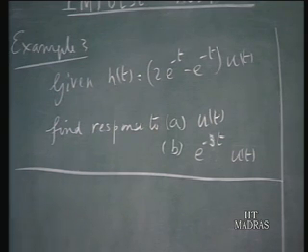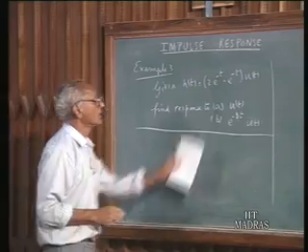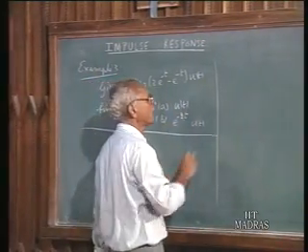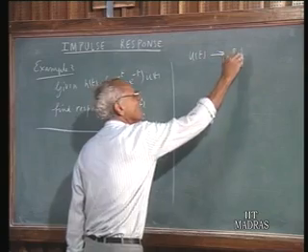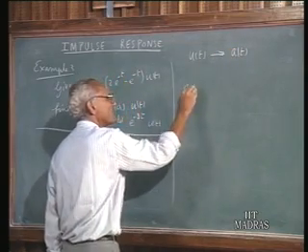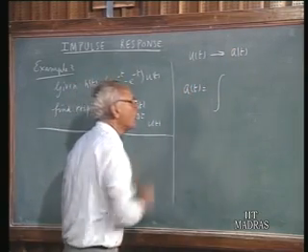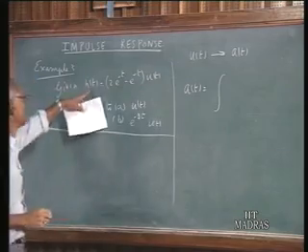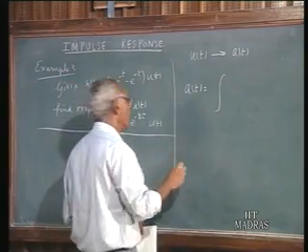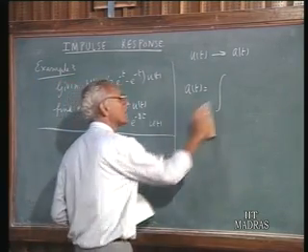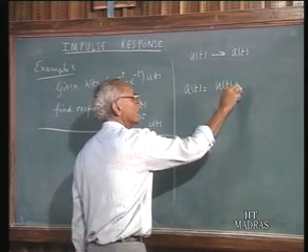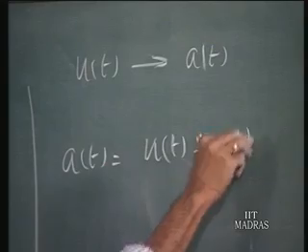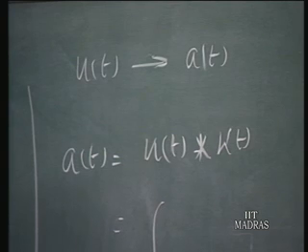Now let us see the first one. If u of t gives rise to a response a of t, then a of t can be found out by convolving u of t with the h of t. So I will write this as the input now is u of t and that is convolved with the impulse response h of t.